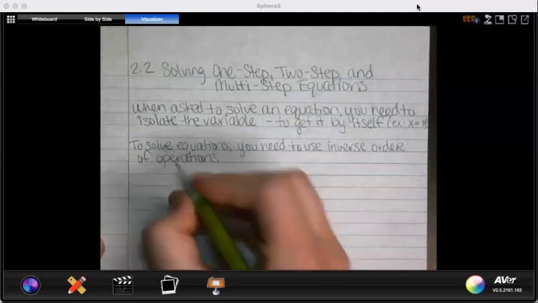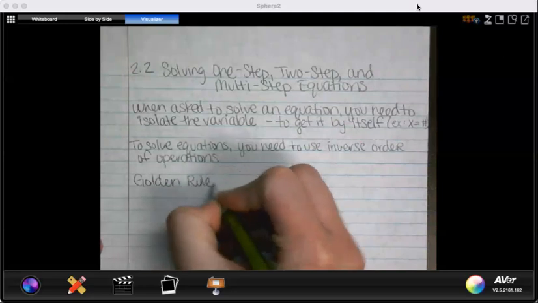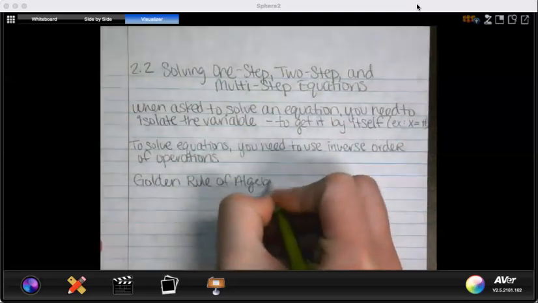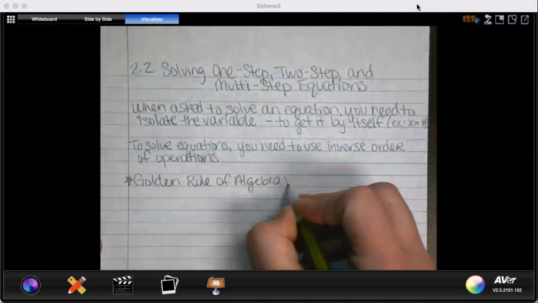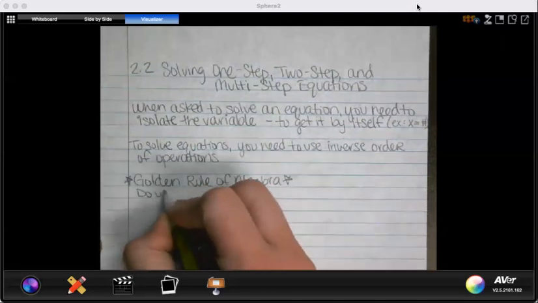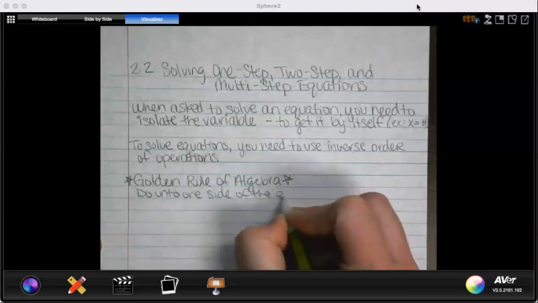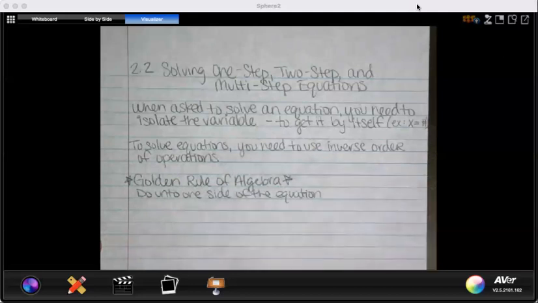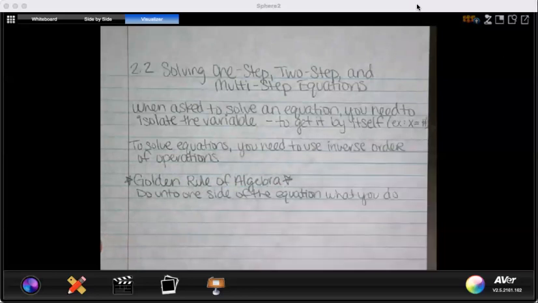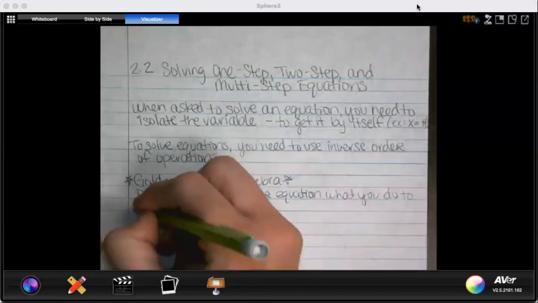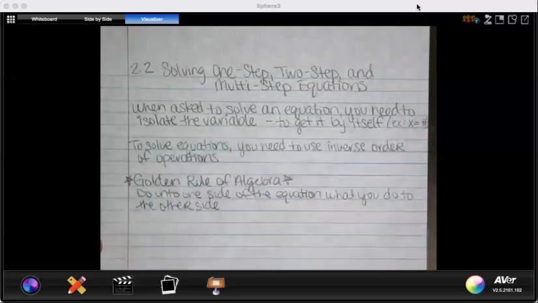And at the end of the day, we have a golden rule of algebra. Which is: do unto one side of the equation what you do to the other side of the equation.